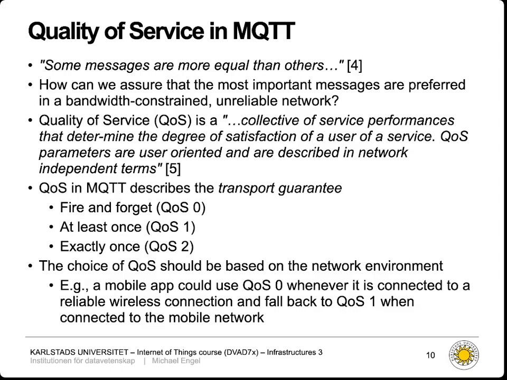Having these QoS levels of 1 and 2 requires storing state in the broker, requires the broker to revisit information and receive confirmations. So this is more overhead, this produces more traffic on the network. A higher QoS level should usually be avoided if the application doesn't really require it.